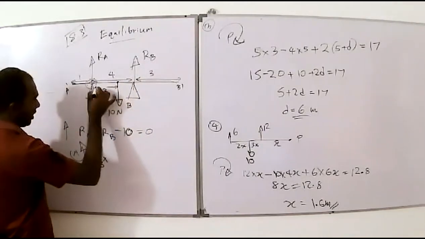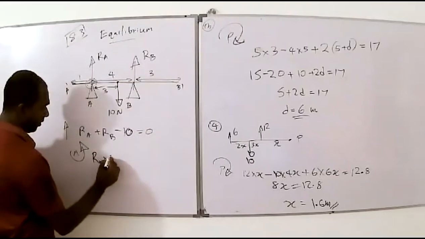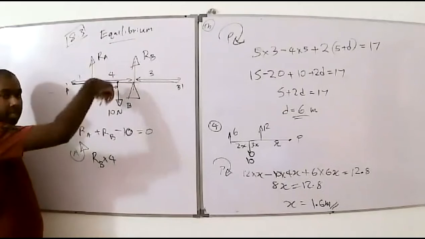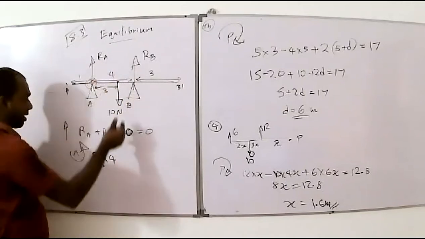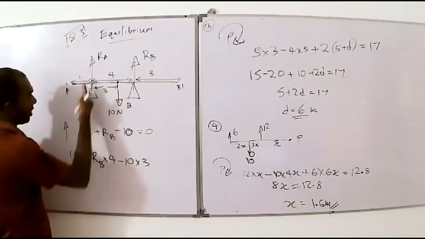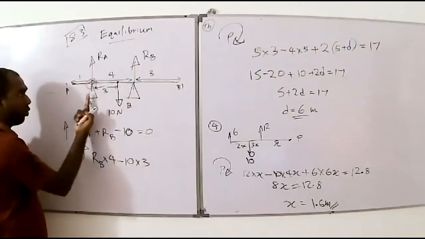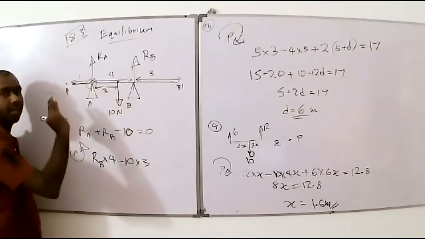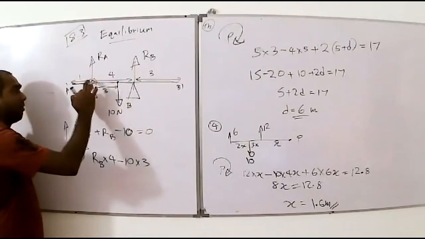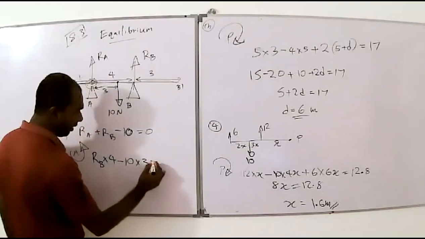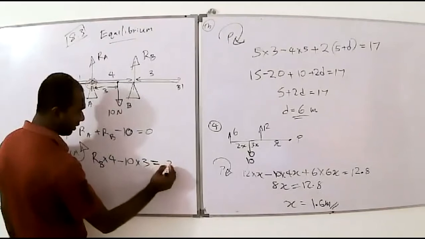So RB into 4. And what about this 10 newtons? The length is 3 and it's minus, so minus 10 into 3. What about RA? RA is going through point A, so the perpendicular distance will be 0. So there is no moment effect for this point. Anyway, the total should be equal to 0.